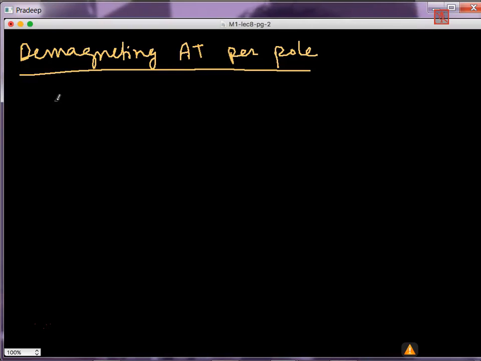So here Z is the total number of armature conductors.